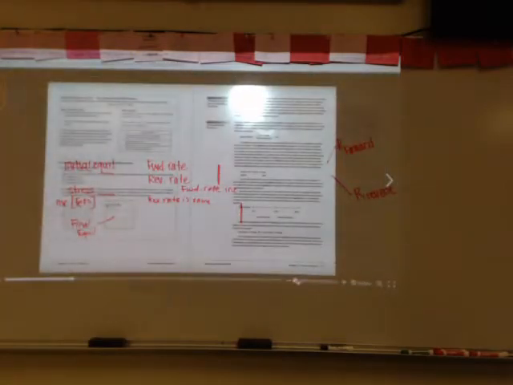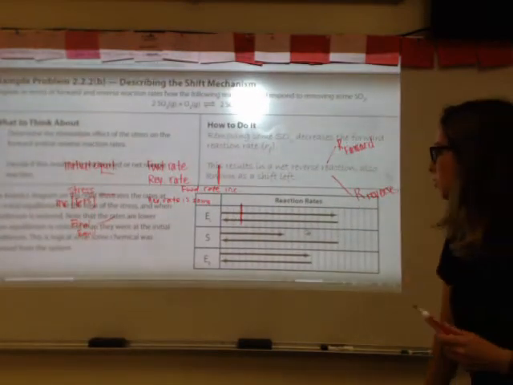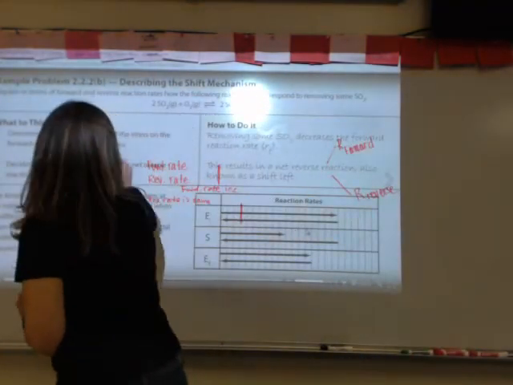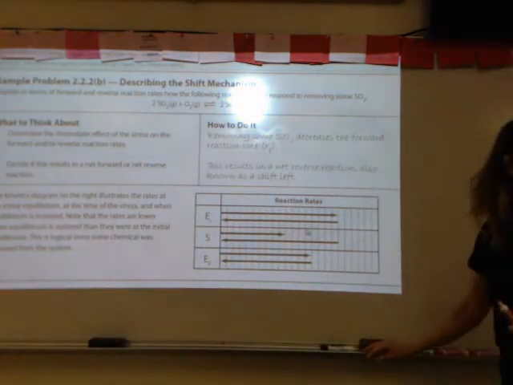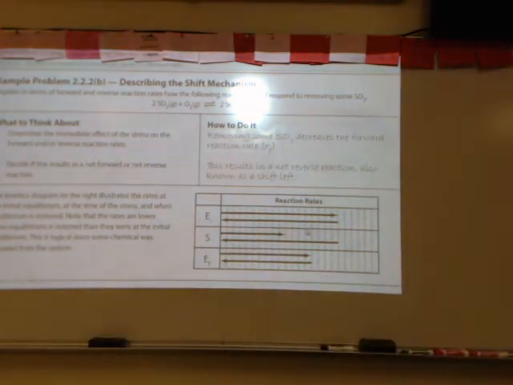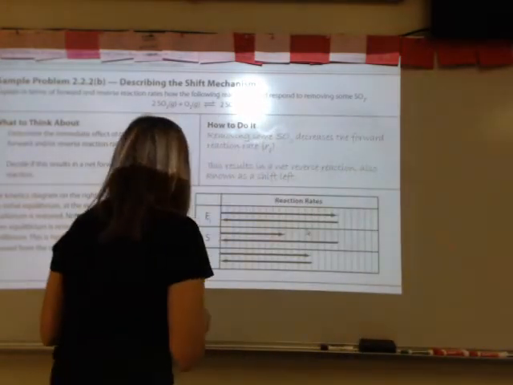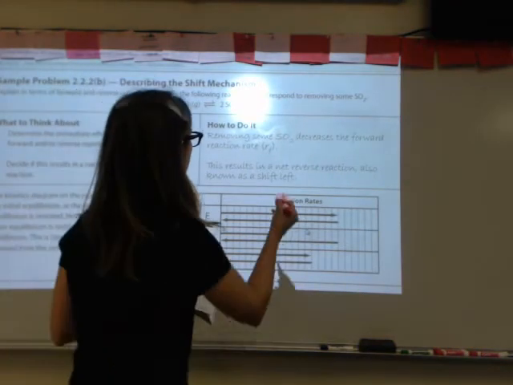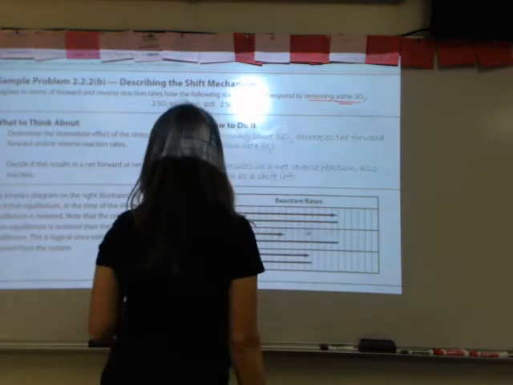Let's go to the next page. Let's take a look at another sample problem. Here it says that we want to explain in terms of the forward and reverse reaction rates how the system would react by removing some SO2.